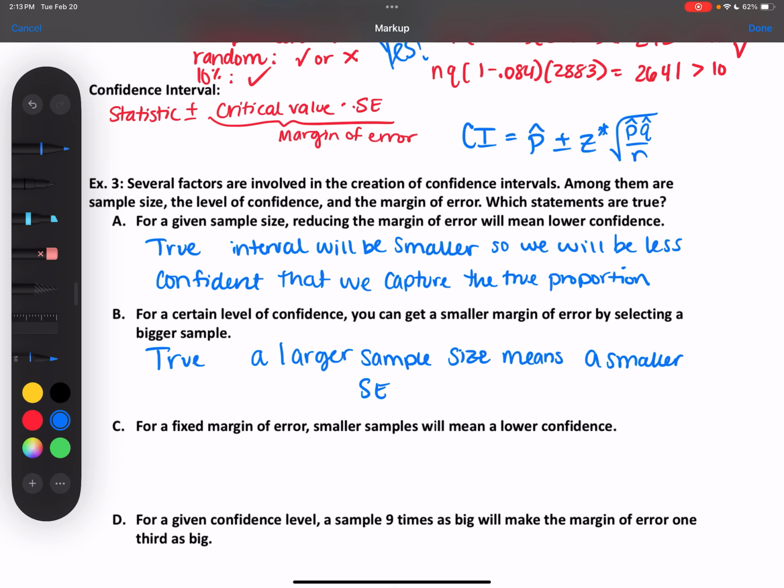I'm going to say false. Why? That's a good question. And it can't just be because the first two have been true. Because if you think about it, margin of error is fixed, so it doesn't change. I actually don't know the reasoning. I could be wrong. Anyone else have an opinion?